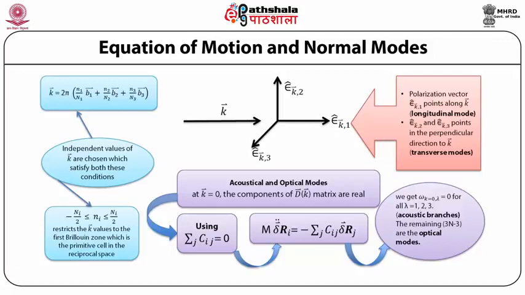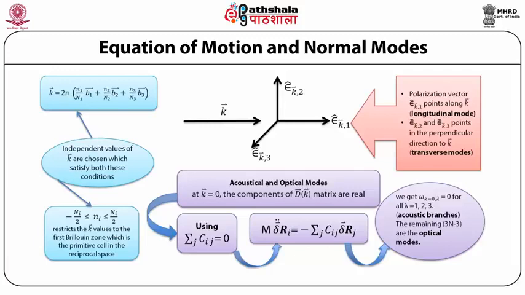Consequently we choose independent values of k which satisfy the equation I just mentioned and another condition, that all these small n_i, that is n1, n2 and n3, should be greater than or equal to minus capital N_i by 2 and less than or equal to positive capital N_i by 2. So simultaneously k has to satisfy these two equations, and independent values of k are chosen which satisfy both conditions.